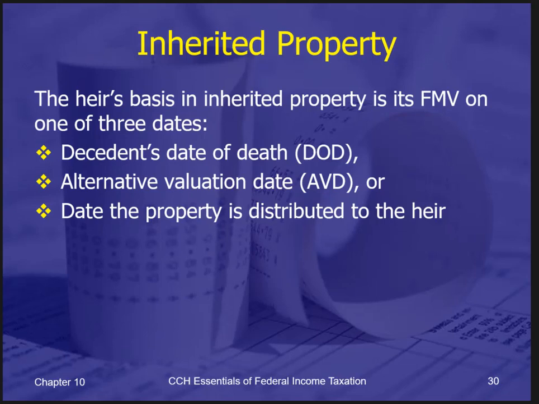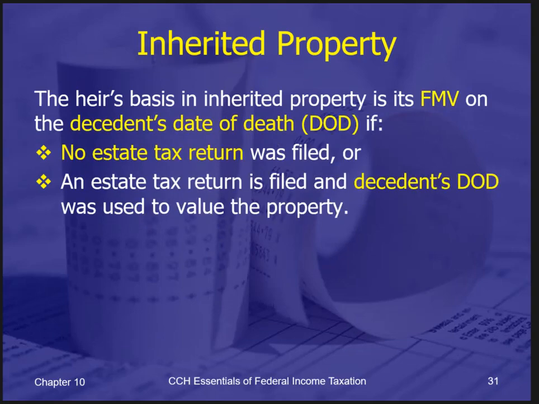Doesn't really matter what it was to the person who died. Doesn't matter what they paid for it. Doesn't matter what their depreciation was or anything like that. It's going to adjust to fair value at one of those 3 dates. Okay. If there's no estate tax return, which is most people, because you don't have to file an estate tax return unless your estate is over $5 million.